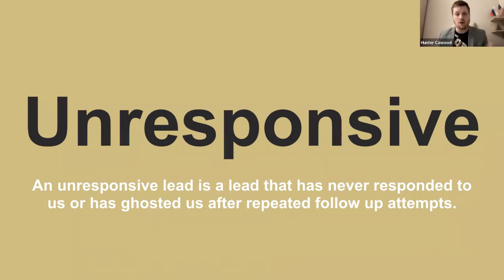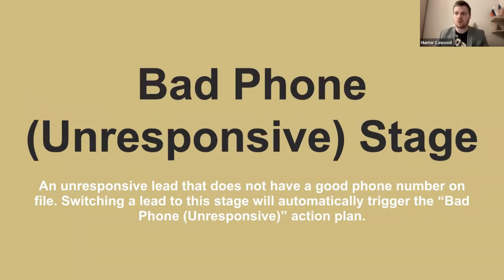Unresponsive stage is self-explanatory. It's a lead that has never responded to you or has ghosted you at some point after repeated follow-up attempts. But there's also a bad phone unresponsive stage that I want to draw your attention to as well. This is a stage that I've created, and it fires off an action plan that will do almost a year's worth of emails, automatically sending them out to leads that don't have a good phone number.